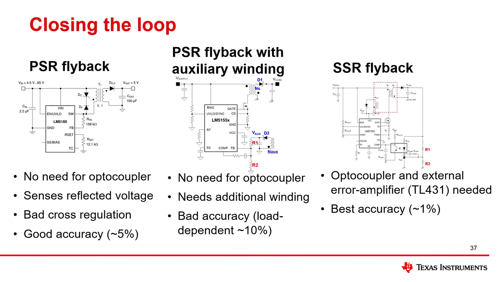This needs an additional winding, but also no optocoupler. The accuracy is not good and also it's very load dependent. For a secondary side regulated flyback, an optocoupler and an external reference, mostly the TL431, is needed. This offers the best accuracy of around 1%.